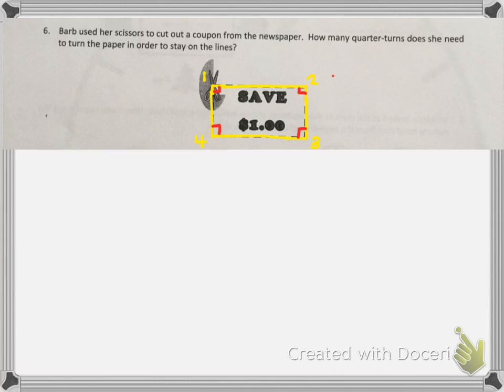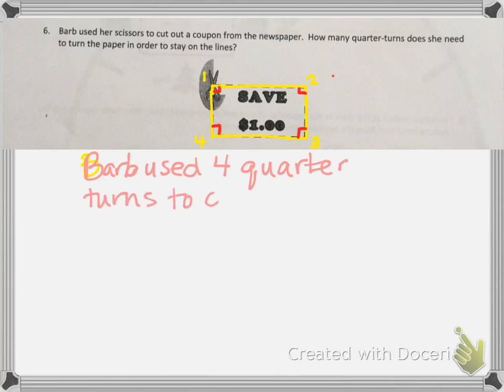How many quarter turns did she take? 4. So, Barb, I'm going to pick a different color. Barb used 4 quarter turns to cut out the coupon.